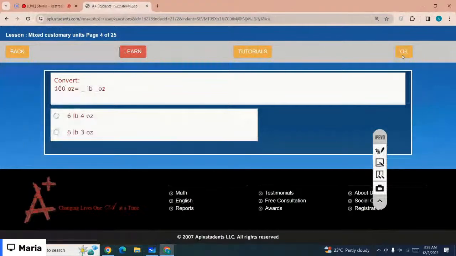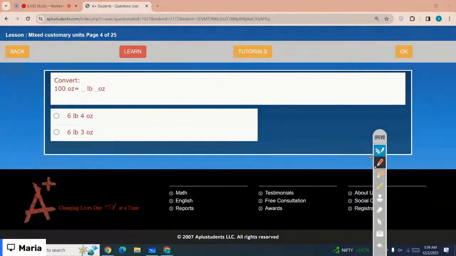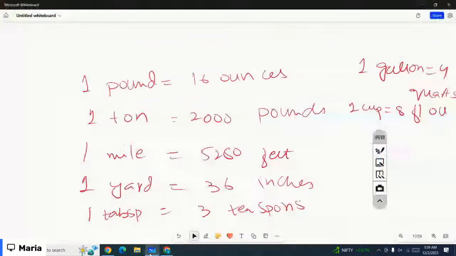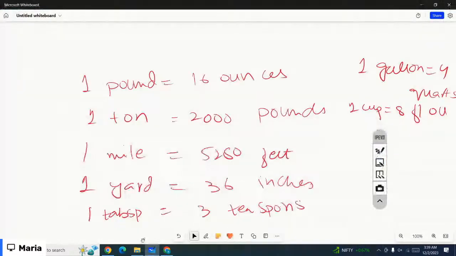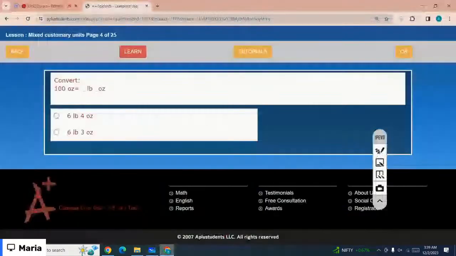Okay, the next one is 100 ounces. You have to convert 100 ounces to pounds and ounces. We know that 1 pound equals 16 ounces, right?